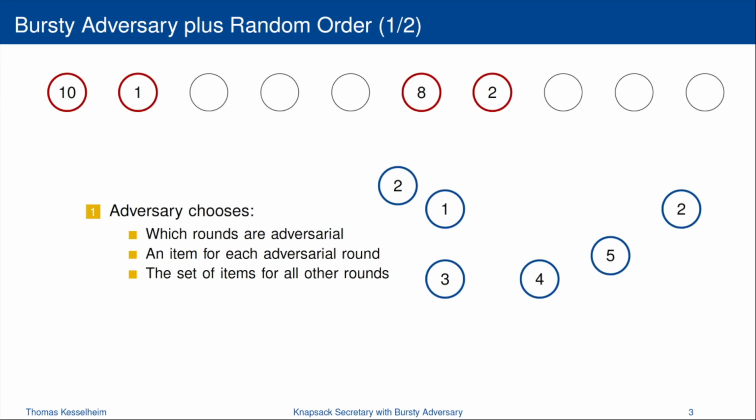So in my example here, the adversary may have fixed a value of 10 for the first round, of 1 for the second round, and so on. And the adversary still leaves some other items for the other rounds for which it does not determine their order, but only the set of items.